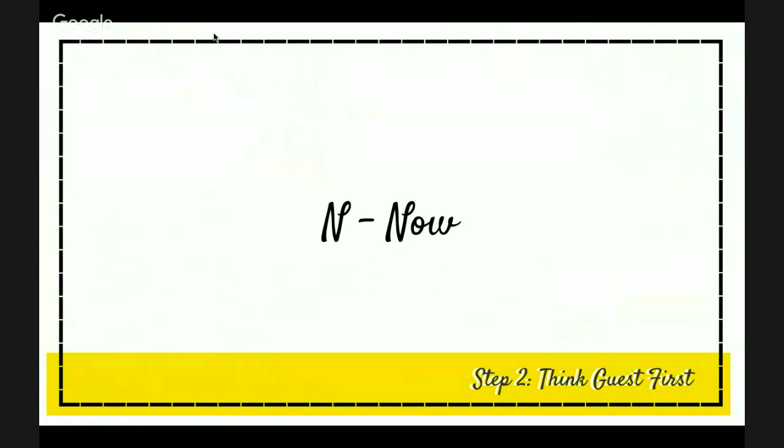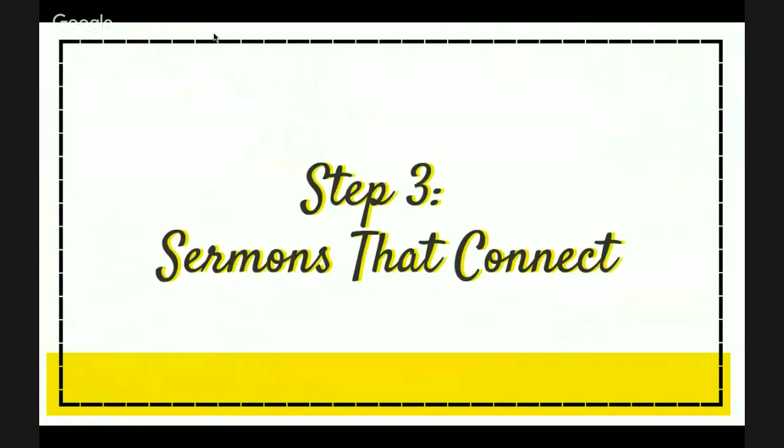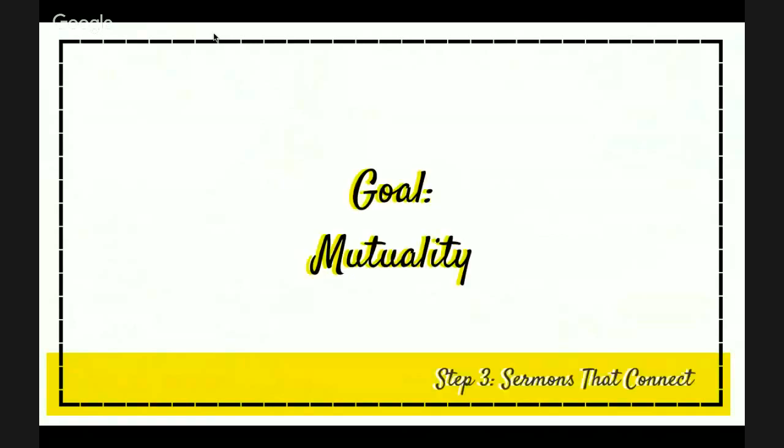So that's step 2. Step 3, sermons that connect. And so the goal of step 3, preaching sermons that connect, is this concept of mutuality. And mutuality is really just this idea that we're all on the same side, or that there's no difference between me and you.